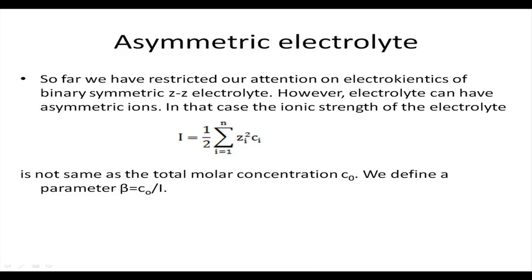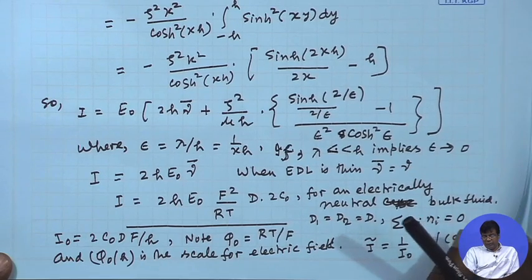Now, if it is not a symmetric binary electrolyte, in the asymmetric case, here we have restricted our attention to electrokinetics of binary symmetric Z-Z electrolyte. However, an electrolyte can have asymmetric ions. In that case, the ionic strengths are not exactly equal to C0. So this becomes a complicated situation, and we cannot have a Poisson-Boltzmann model.